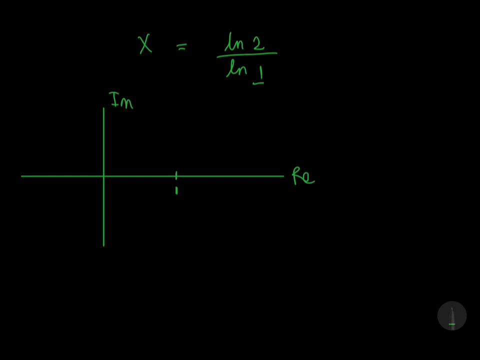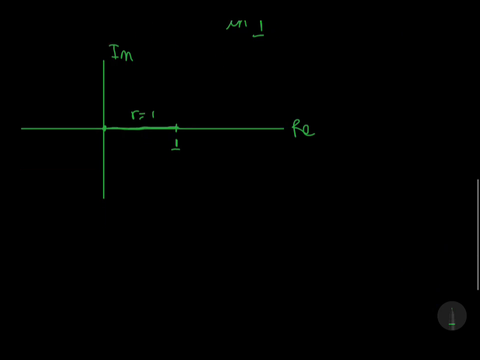The next thing that we must do, in order to write this in polar form, is to locate the distance, which is r equals 1 because we have 1. And the second thing, we have to measure the angle, which is still 0 because it's on the real axis.